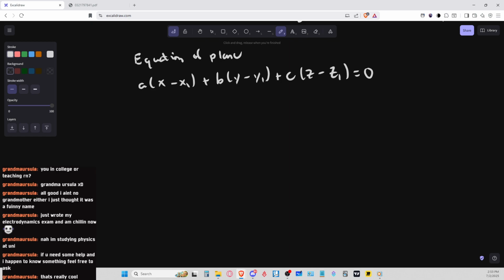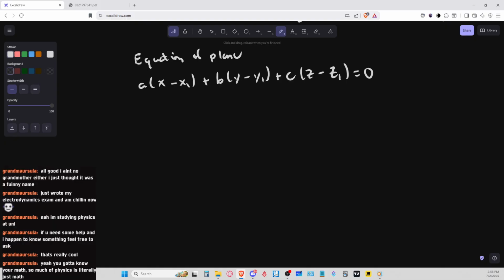I want to understand physics in a mathematical way, and also enhance mathematical knowledge through a physical way. It's a bit of a contradictory type of process. You gotta know your math, so of physics, it's literally just math.